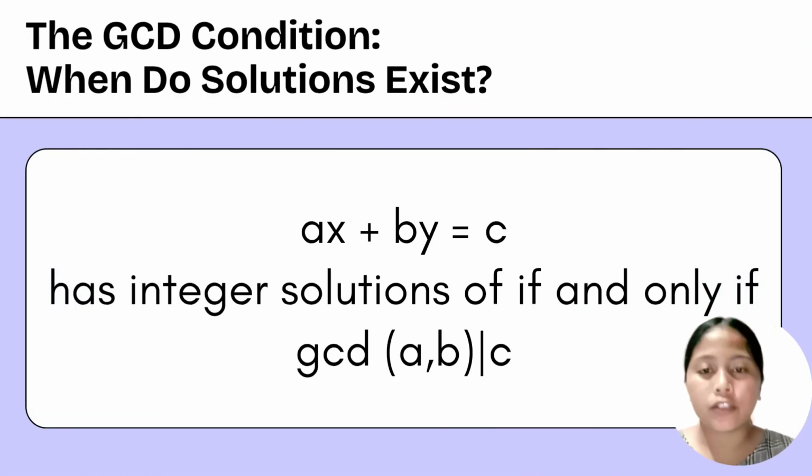In the GCD condition, the equation ax plus by is equal to c has an integer solution if and only if the GCD of a and b divides c. If this condition fails, we can stop right then.